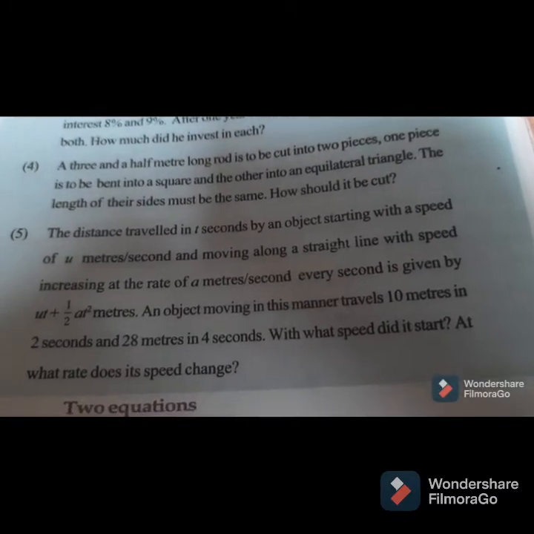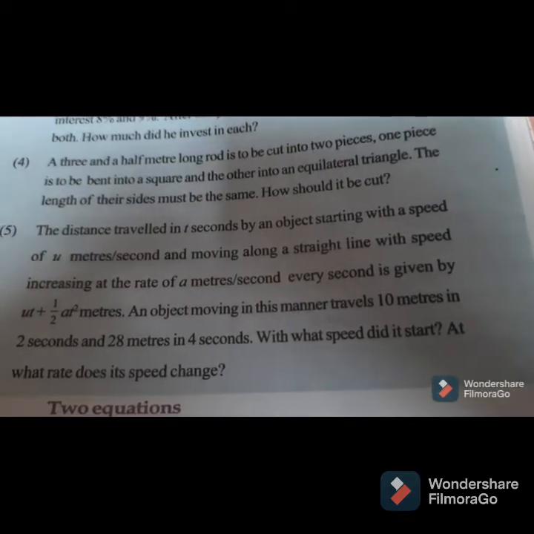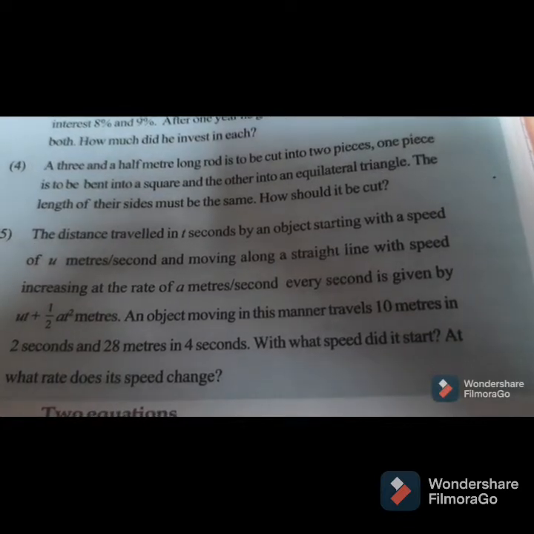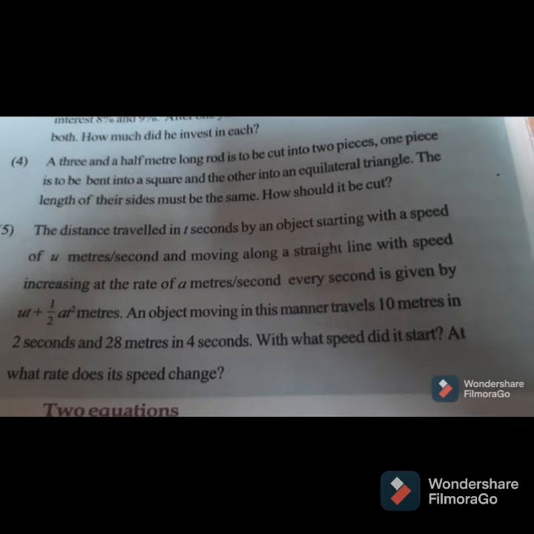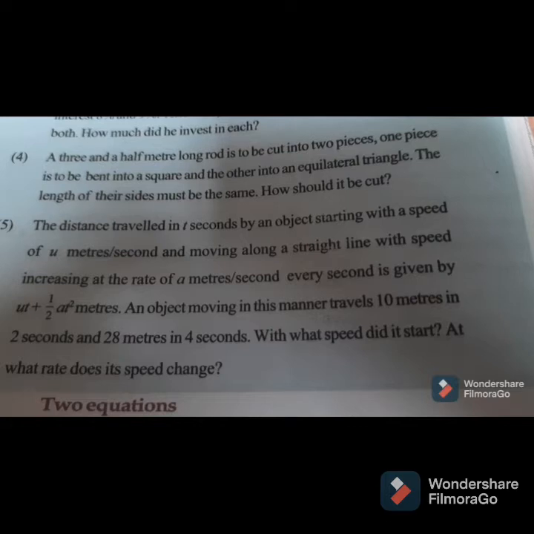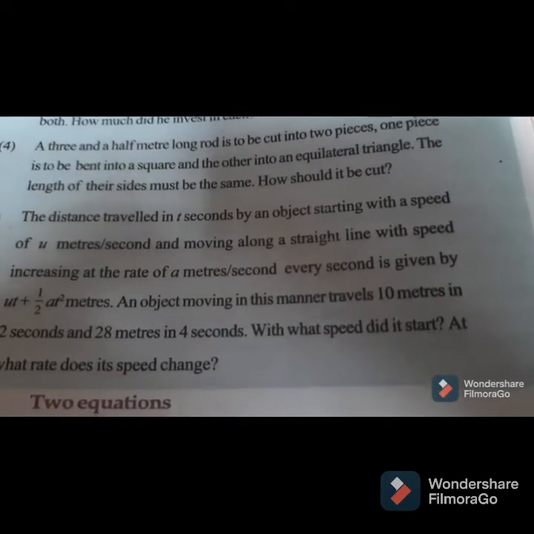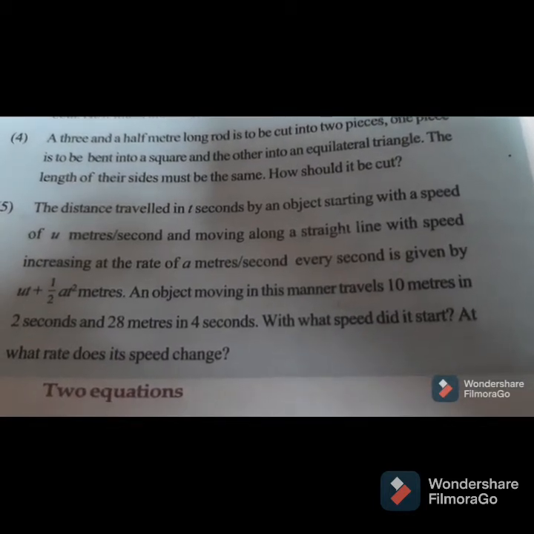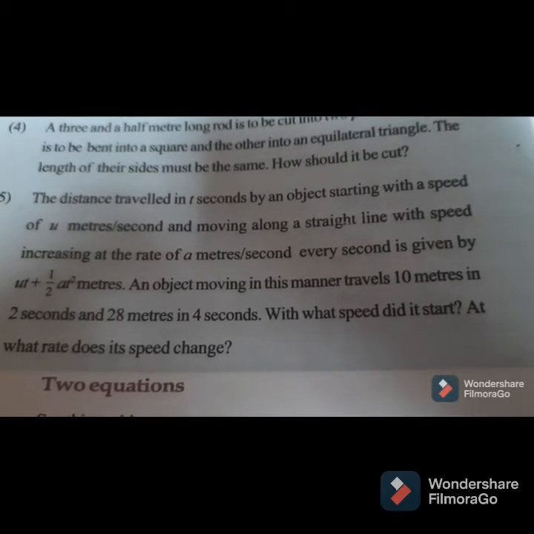Next question. Question number 5. The distance travelled in t seconds by an object starting with a speed of u meter per second and moving along a straight line with speed increasing at the rate of a meters per second every second is given by ut plus half at square meters.